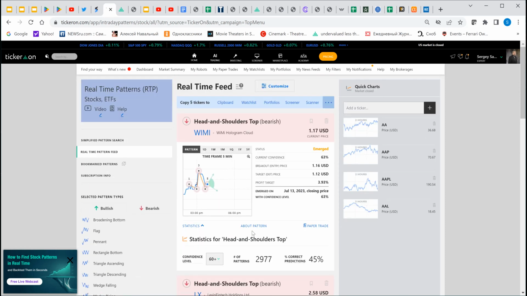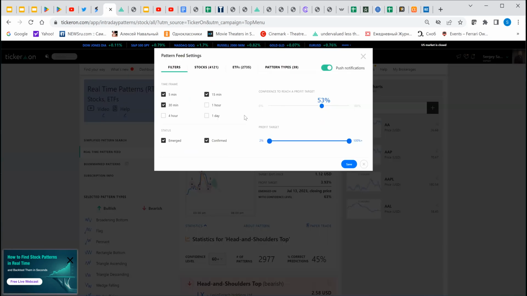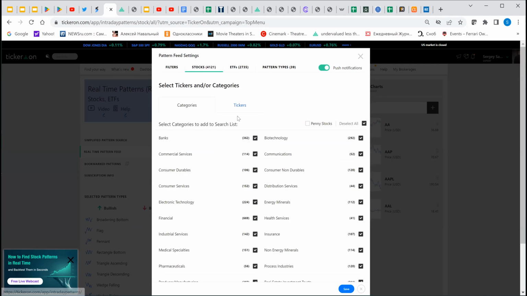Okay, so now I gave you the one tile for the pattern, and then let's go back and see what other elements of customization there are. So we'll look at these basic features, and then we will look at where our search engine is searching for the patterns. So you can actually add or remove penny stocks, okay?